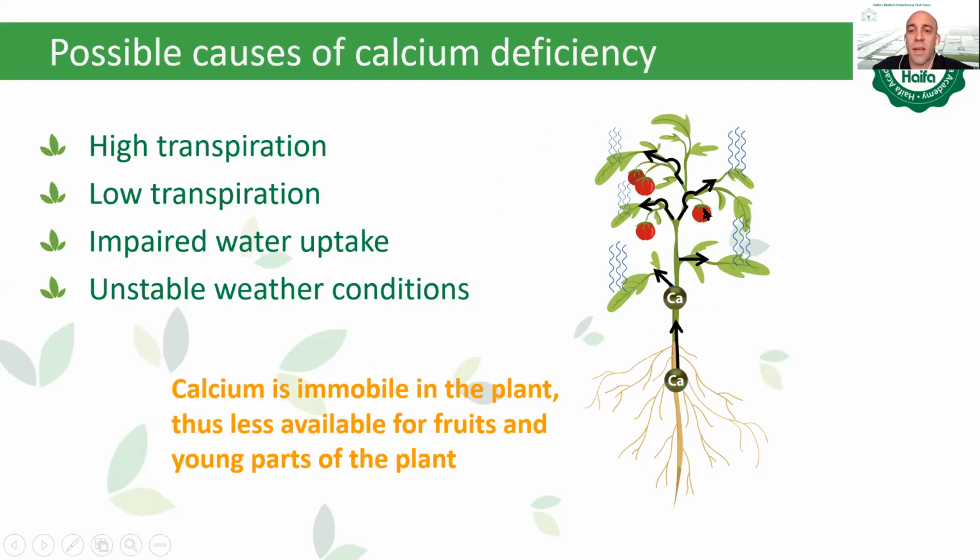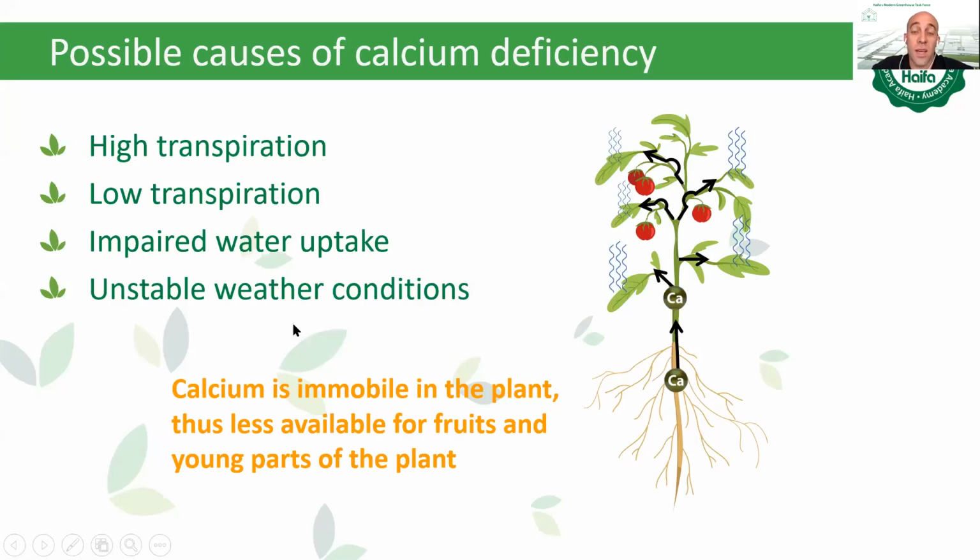And this can cause, for example, blossom end rot. So it's very important to note the weather conditions when dealing with calcium. And of course, if you have different weather conditions that interfere with water uptake, you will notice calcium deficiency.